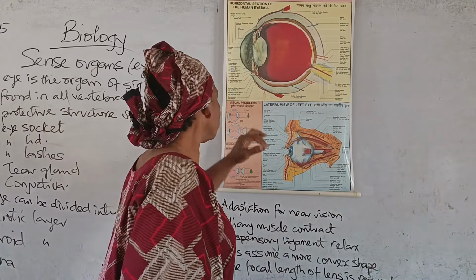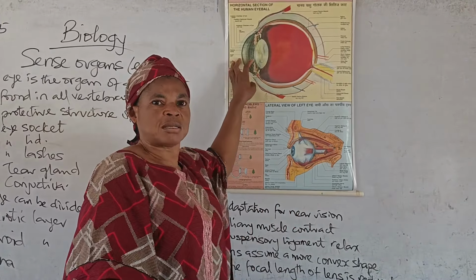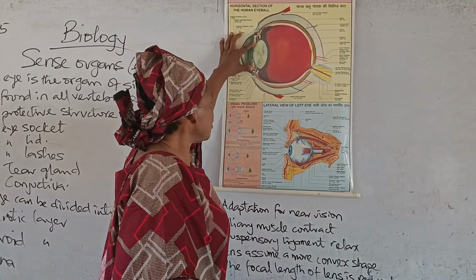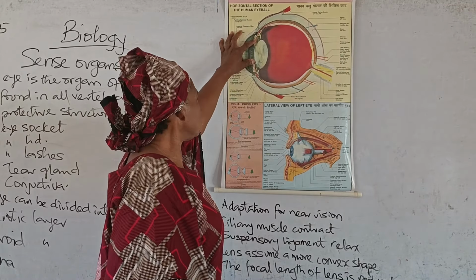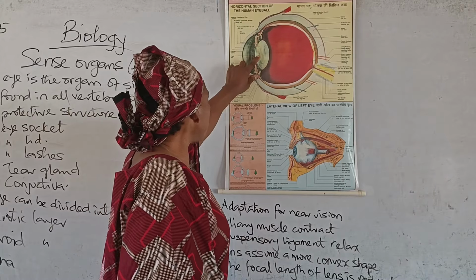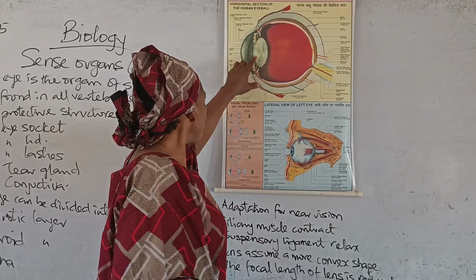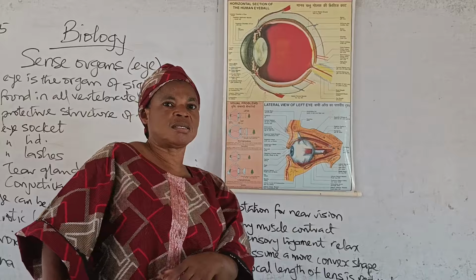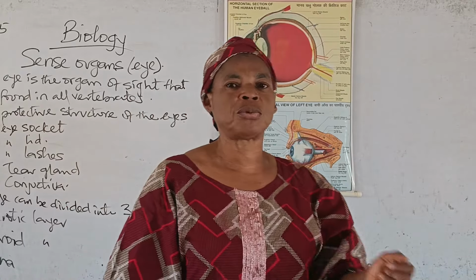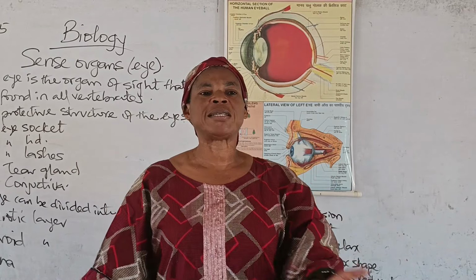So what happens is just that the iris contracts and reduces the aperture, or the size of the pupil, so that only a small part of the lens is exposed. So that is what happens when you are dazzled.